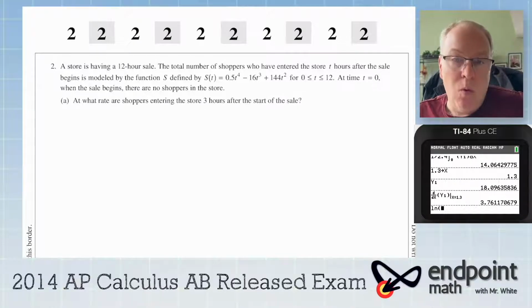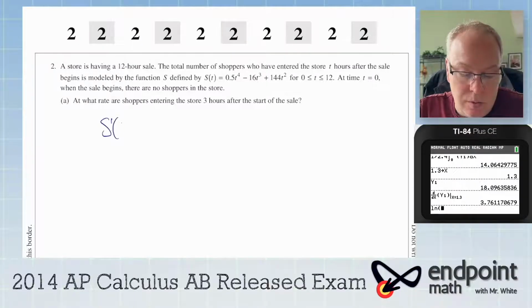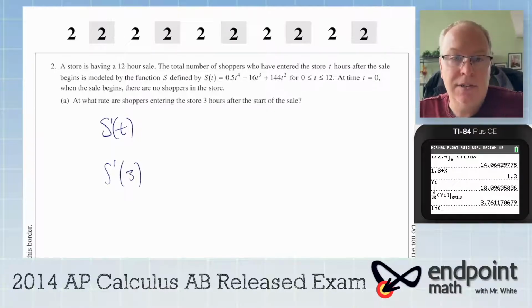All right. At what rate, when I hear that, I think derivative. Well, at what rate are the shoppers entering the store 3 hours into the sale? So I think we need to find the derivative of this thing. And then after we do that, we're going to plug 3 into that and see what we get.